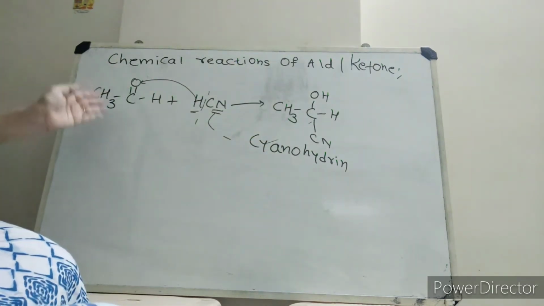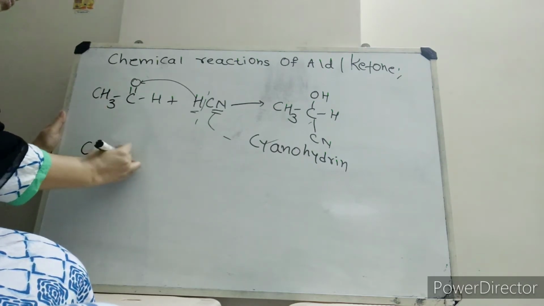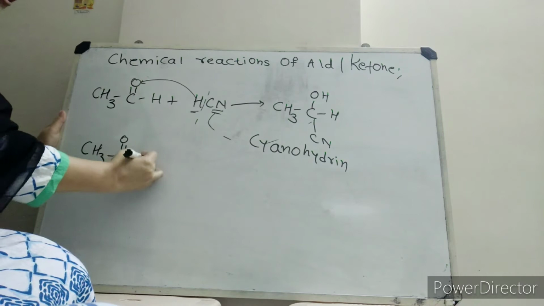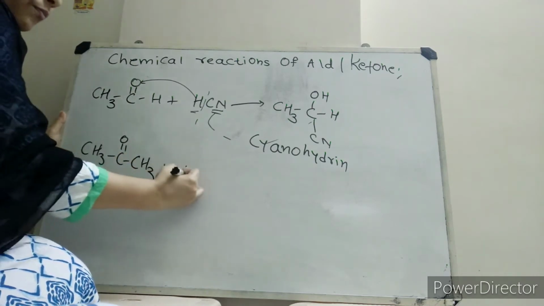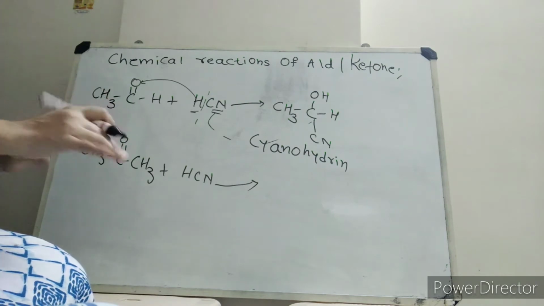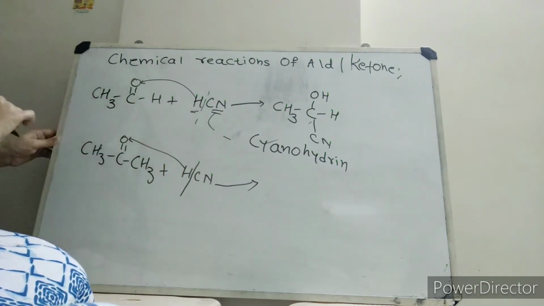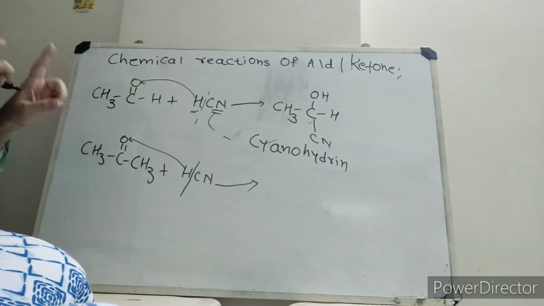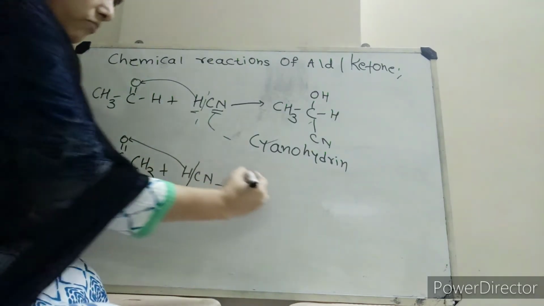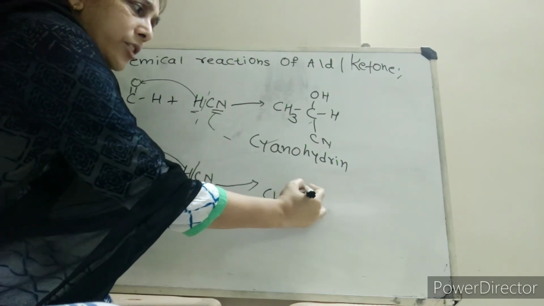Suppose instead of acetaldehyde, if we take the acetone, CH3COCH3, then also the reaction will remain same. This hydrogen combined with this oxygen, the double bond is removed to form a single bond. So it becomes CH3, C single bond OH.